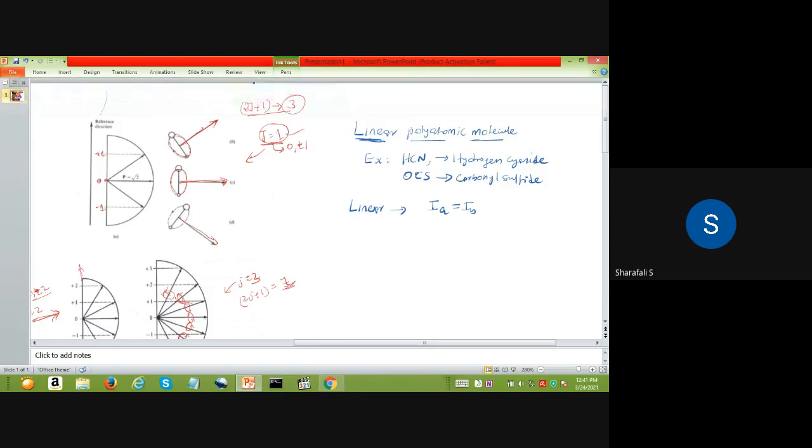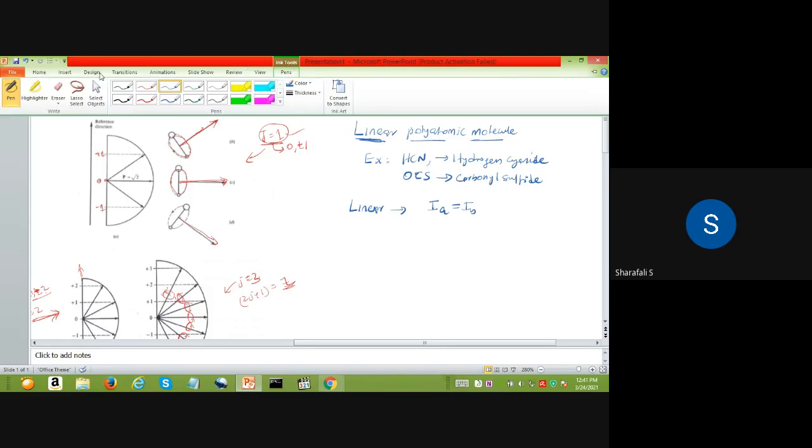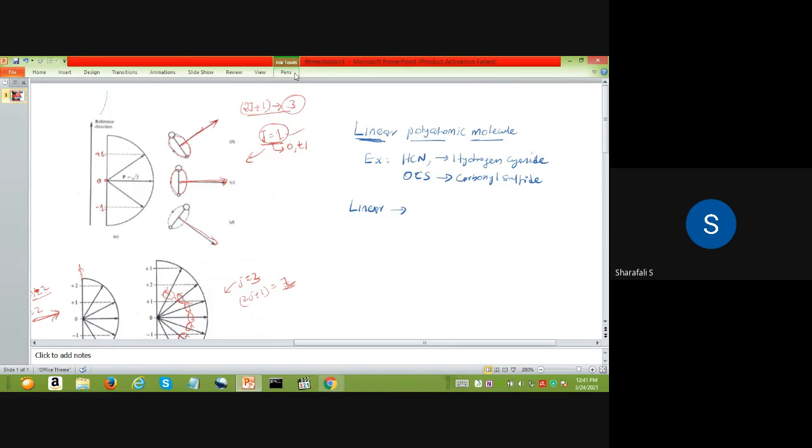In the conventional way, we will write it as IB equal to IC, which is not equal to IA, and IA equal to 0. This is for the linear case.